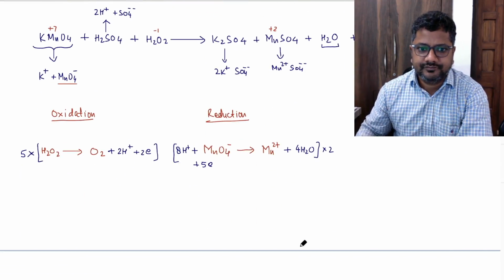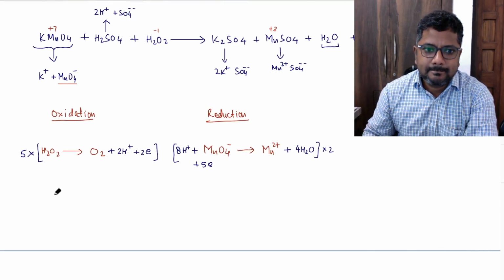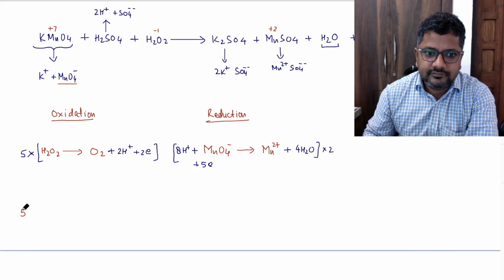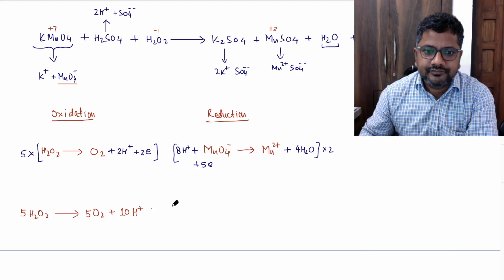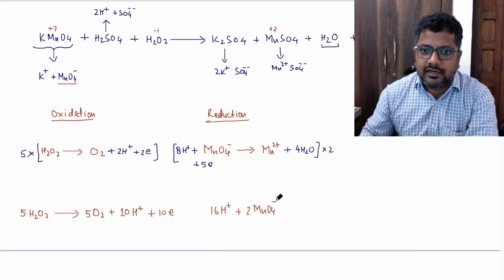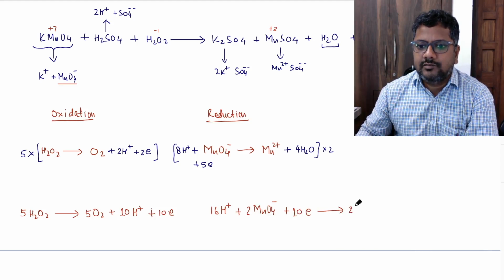So what you get, see, 5 H2O2 gives 5 O2 plus 10 H plus, and here plus 10 electrons, and here 16 H plus, 2 MnO4 minus plus 10 electrons will give 2 Mn2 plus plus 8 H2O.